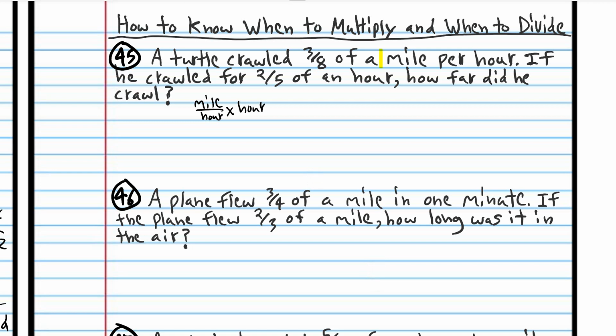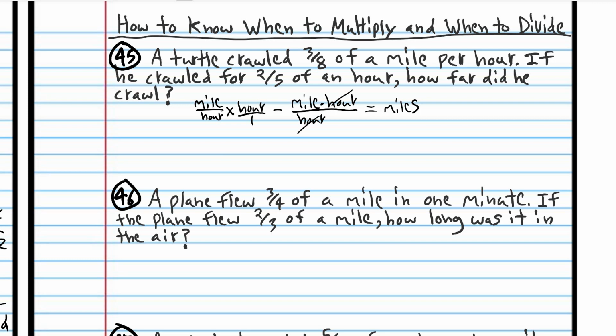We're just assuming that this is multiplication. Again, we don't know if it is, we're just assuming that it is, and then we're testing it. Hour is considered to be a whole number, so you write it over 1. Then when you multiply those, you get mile times hour over hour, and the hours cancel out, and you're left with miles.